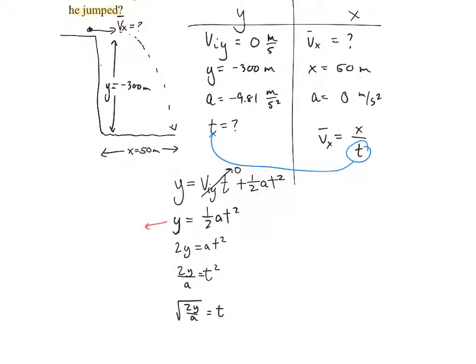Plug in at this point. Y would be negative 300. And it would be 1/2 times negative 9.81 t squared. And then carry that down and solve for t. So take either approach. Plug in numbers, that's in red. Or in black, take the algebraic approach and at the end plug in numbers. But either way, the goal is to solve for t as a numerical value.